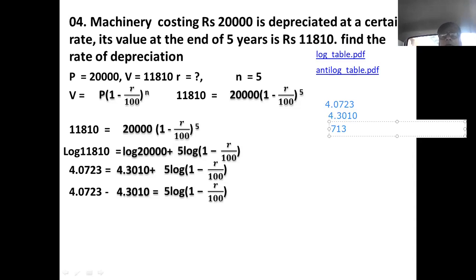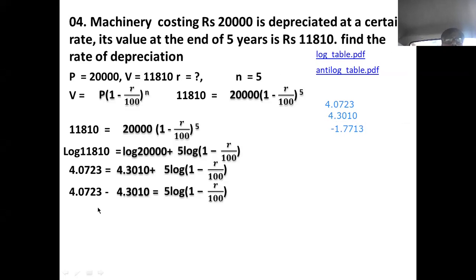Next is, it is not possible. You take carry over and out of 10 you deduct 3, 7 comes. Then carry over 1, 4 minus 5. 4 minus 5 is equal to minus 1.7713. Okay, you remember this.